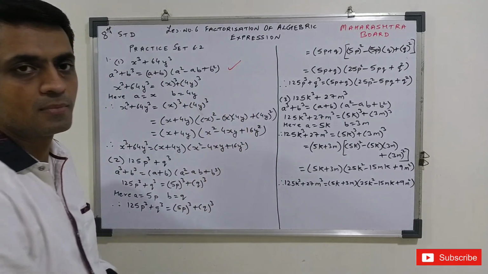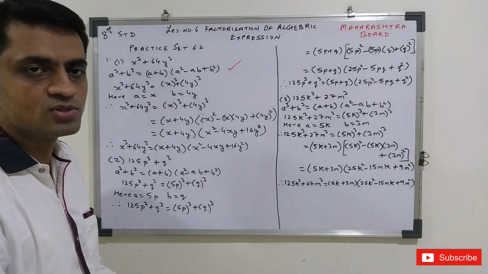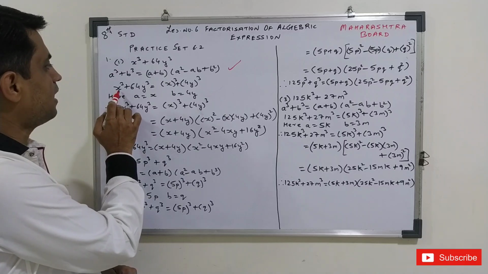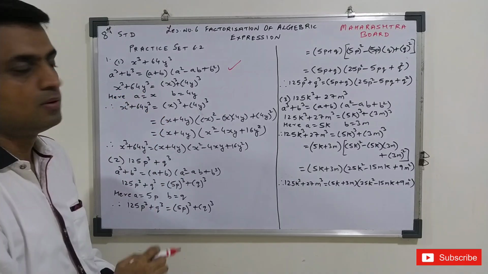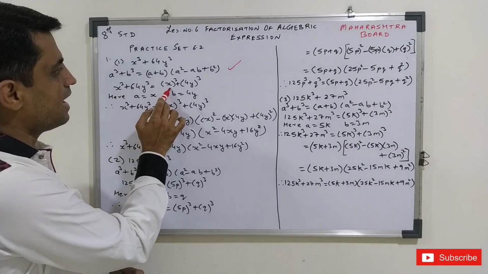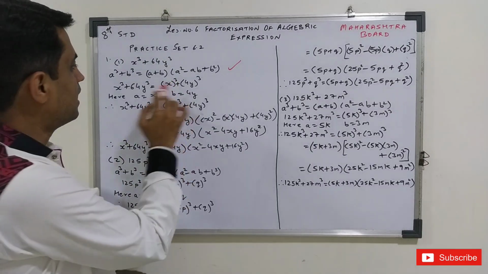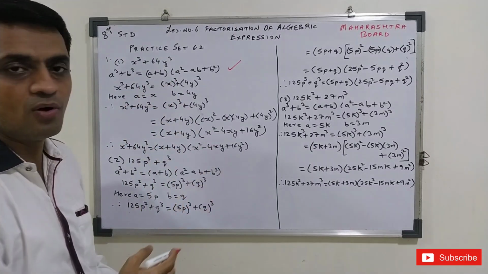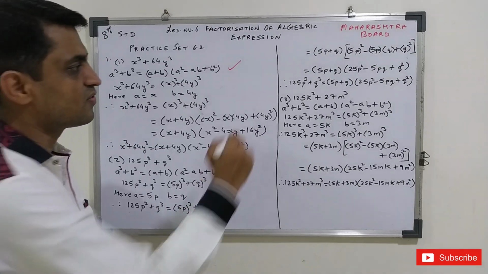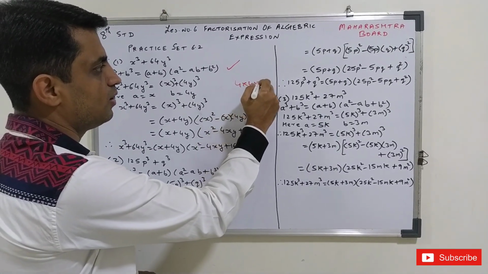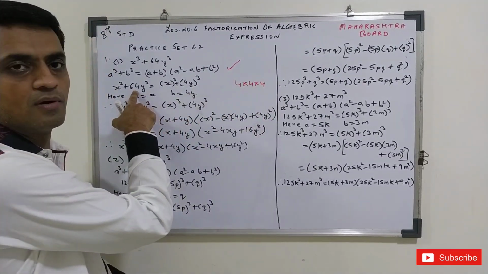Now why are we going to use this formula? Because if you see here, x cube plus 64y cube, this x cube can be written as x the whole cube, and 64 can be written as what? 4 cube. Why? Because 4 into 4 into 4 is 64.